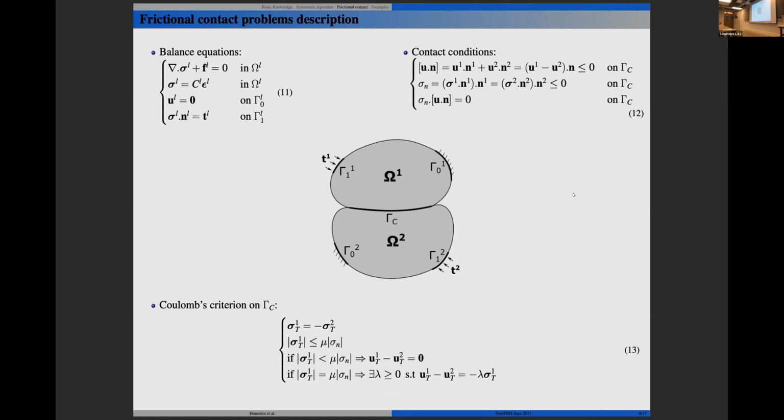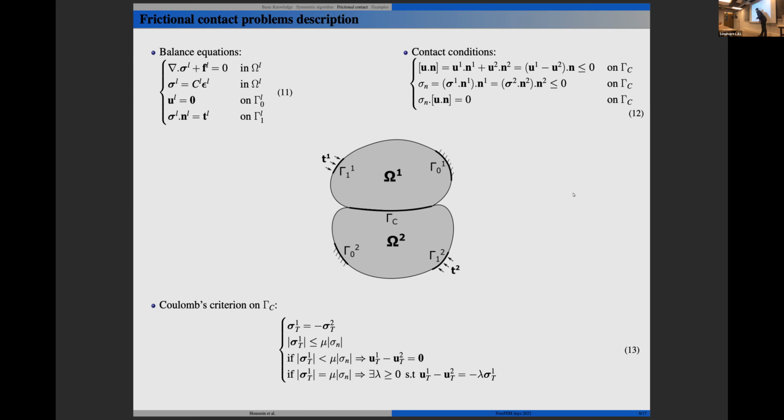And here, the tangential stress vector is opposite at the contact because of the action-reaction law.